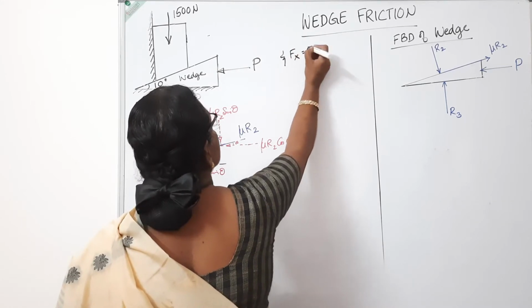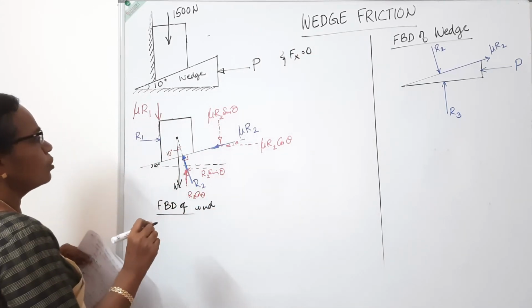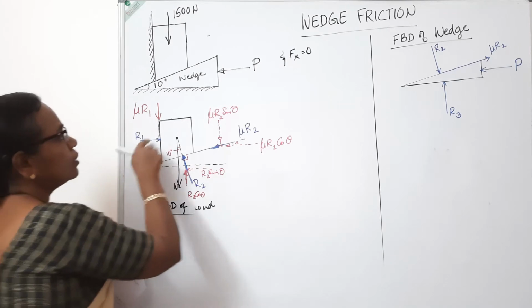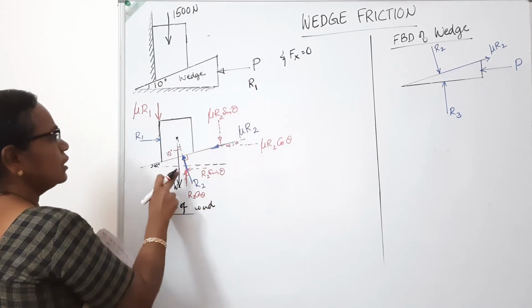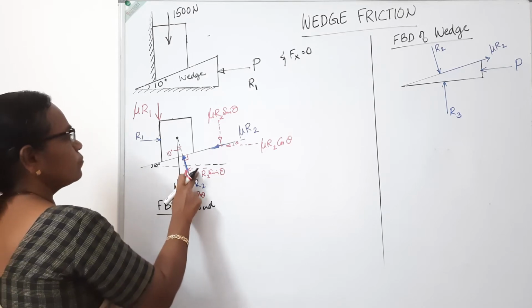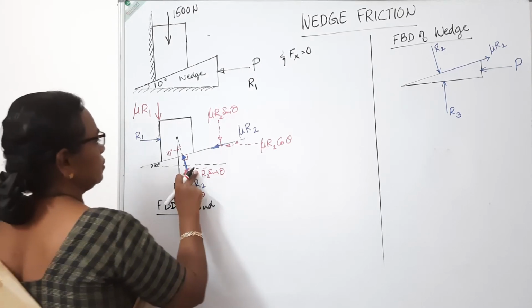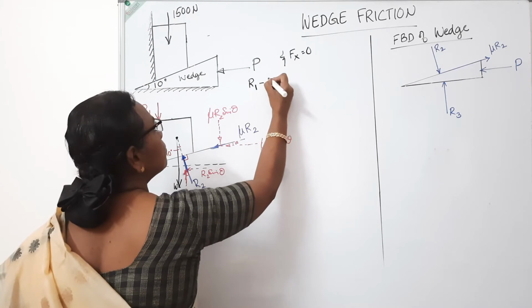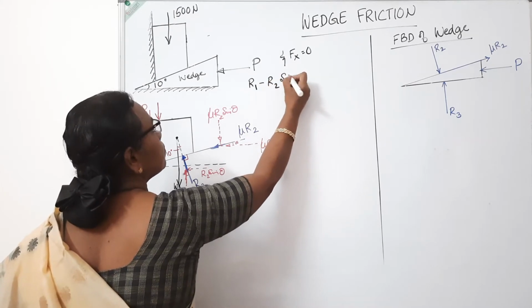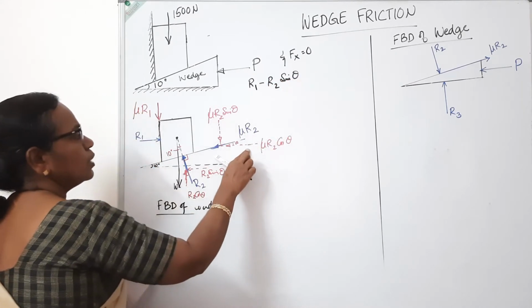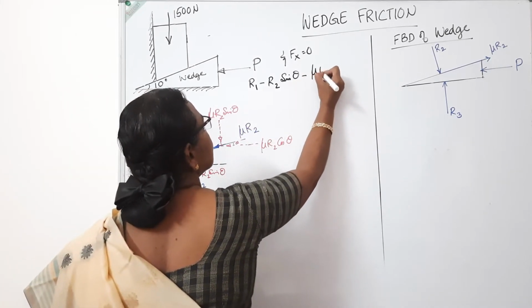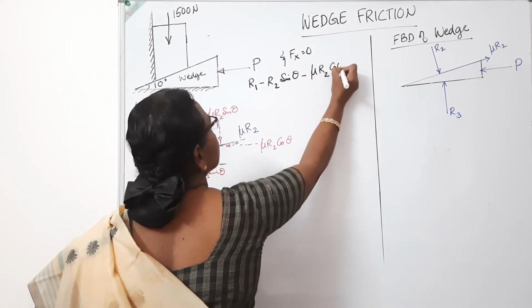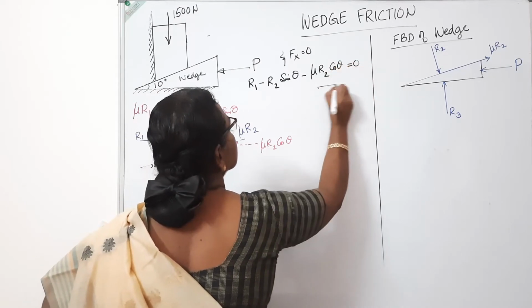Sigma Fx is equal to 0. Consider all the forces in horizontal direction. R1 towards right. Any other force? This is towards left, minus R2 sin theta. This mu R2 cos theta, that is towards left, minus mu R2 cos theta is equal to 0. Equation 1.